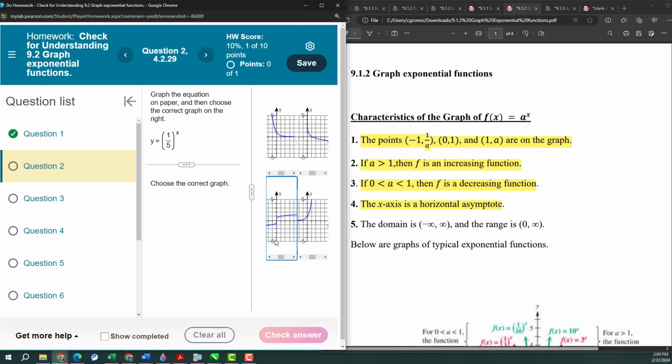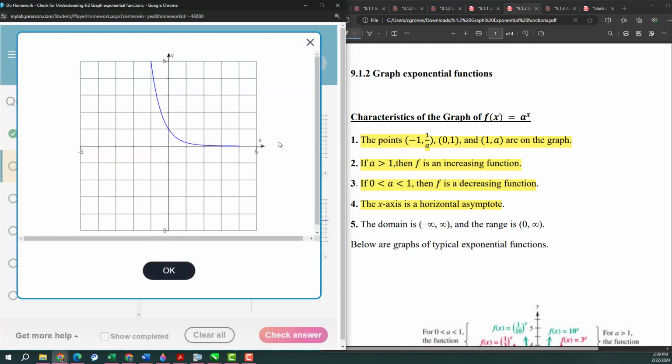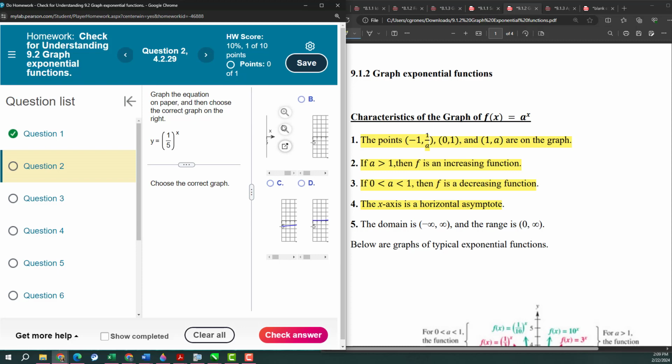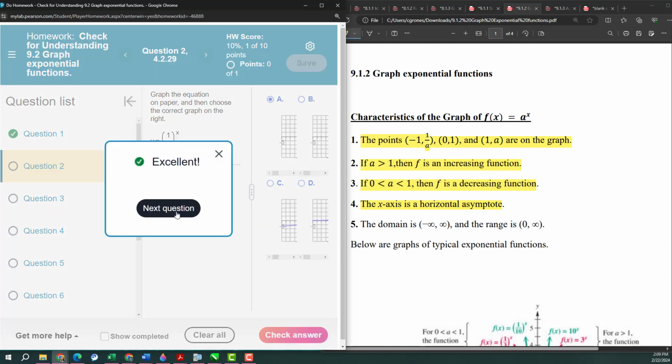Okay, it's probably not going to be this one. Let's look at our first graph. We want the point (-1, 5). It looks like this has that point. It also has (0, 1), and then it has (1, 1/5). So actually it looks like it's this graph. Great.